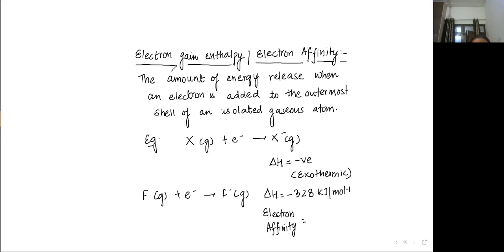Electron gain enthalpy means the amount of energy released, and electron affinity means the affinity to gain an electron is this much. So if delta H is minus 328, the electron affinity will be 328, a positive value. So electron gain enthalpy and electron affinity are equal with opposite sign.